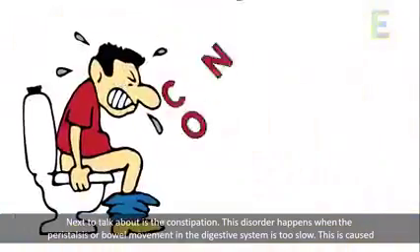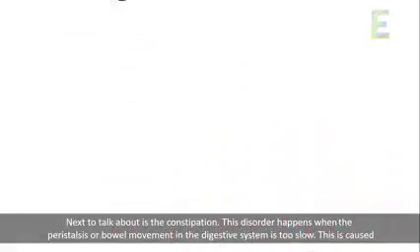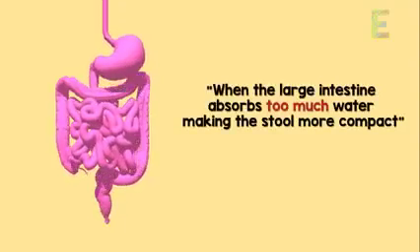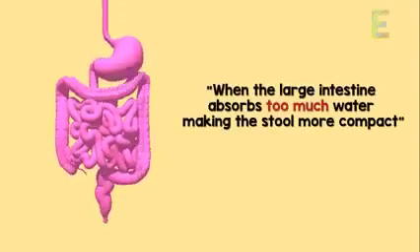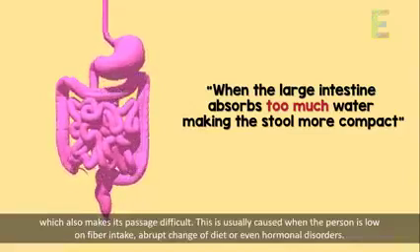Next to talk about is constipation. This disorder happens when the peristalsis or bowel movement in the digestive system is too slow. This is caused when the large intestine absorbs too much water, making the stool more compact, which also makes its passage difficult.